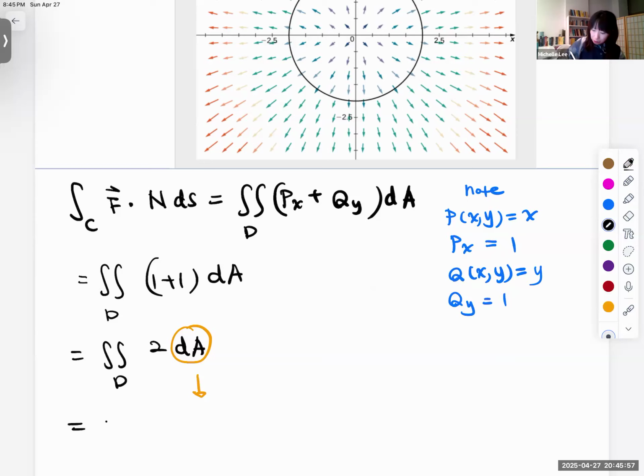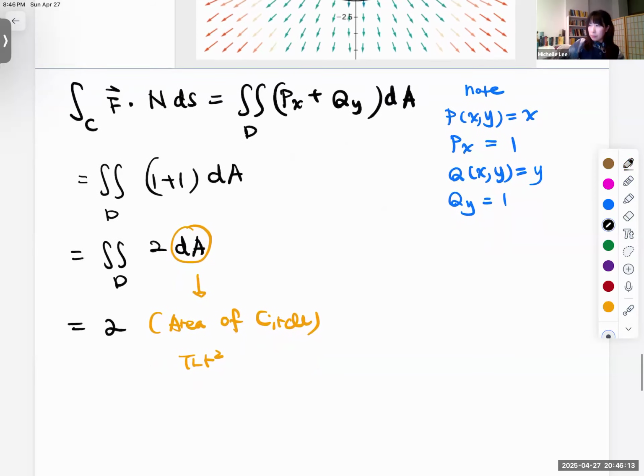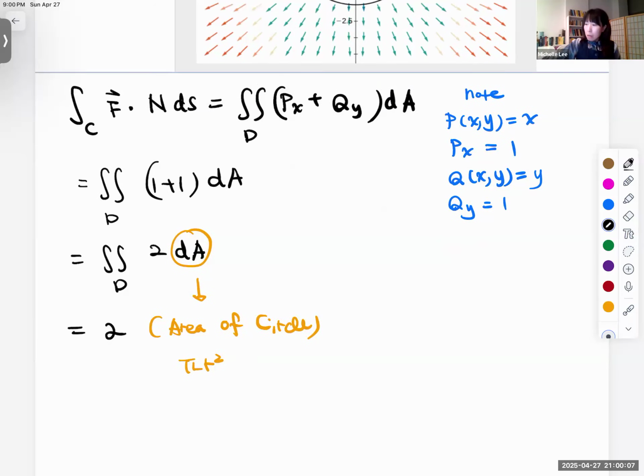So there will be 2 times the area, the circle, so pi r squared. So we will have 2 pi r squared in this case.